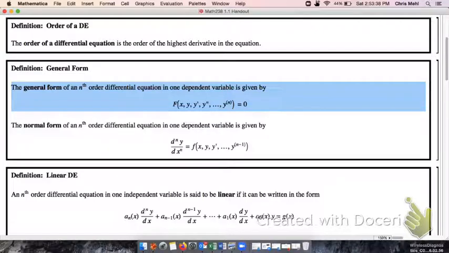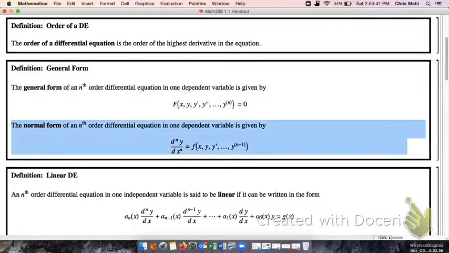Then you have what's called the normal form. The normal form of an nth order differential equation in one dependent variable is where you just essentially solve for the highest order derivative. So if your differential equation had at most a y triple prime, you would solve for y triple prime in terms of x, y, y prime, and y double prime.